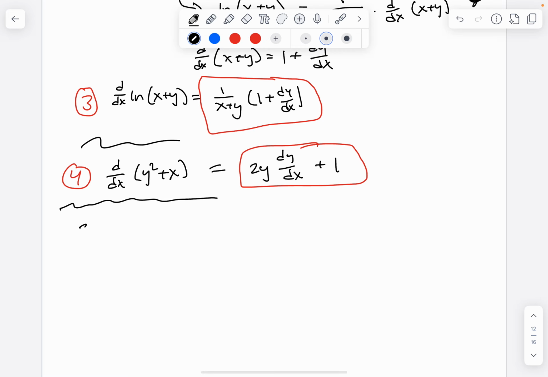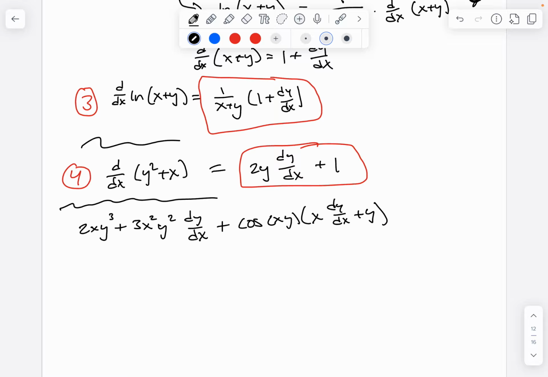So we have 2xy cubed plus 3x squared y squared dy dx plus cosine of xy times x dy dx plus y, plus 1 over x plus y times 1 plus dy dx, is equal to 2y dy dx plus 1.